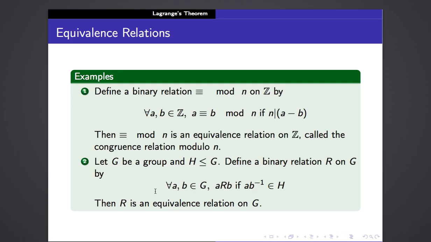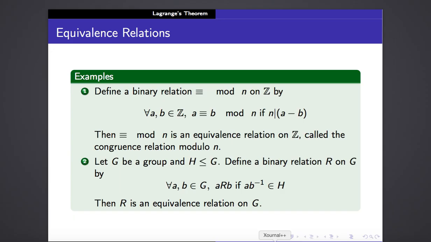For any two elements a, b in G, a is related to b if a b inverse belongs to H. Then R is an equivalence relation on G. We are going to see this equivalence relation a lot later on. This is also very important for us.